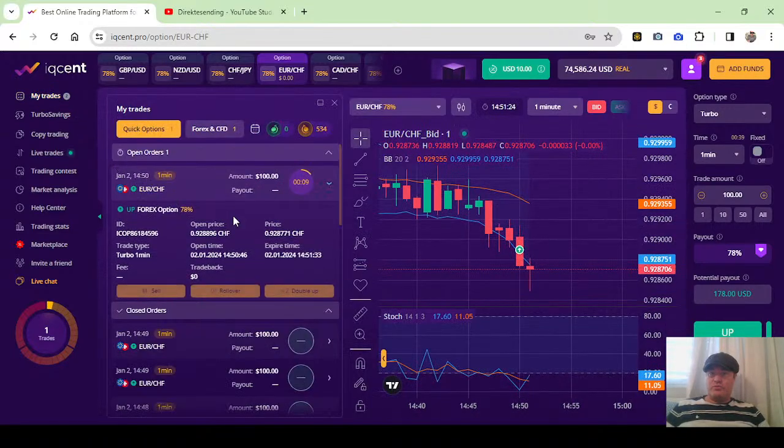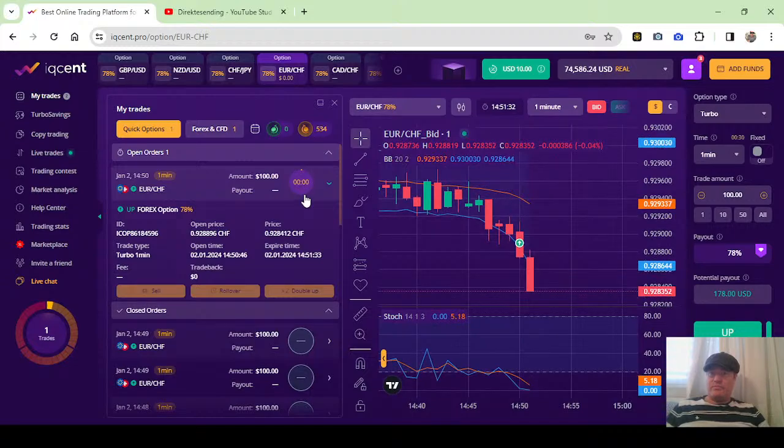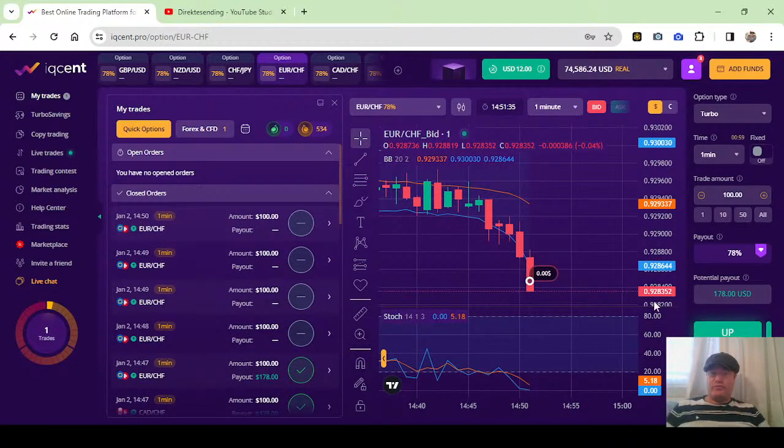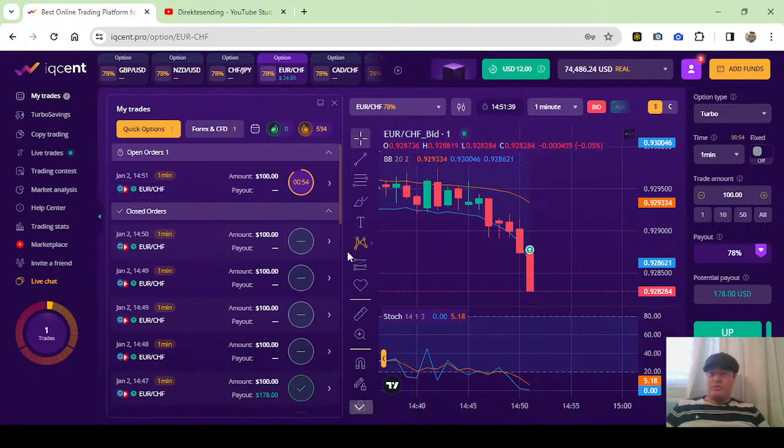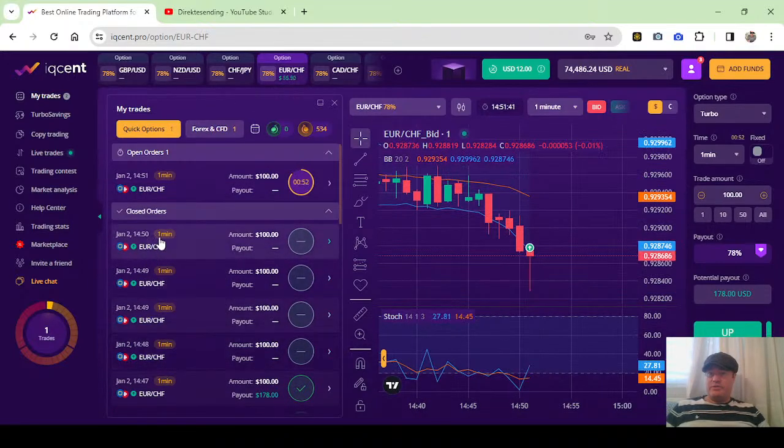So probably we lose that one also. That is super annoying. Let's see. 3, 2, yeah. One more loss. Last trade for this one. As we see, the win rate here is terrible on this pair. Minus 100.